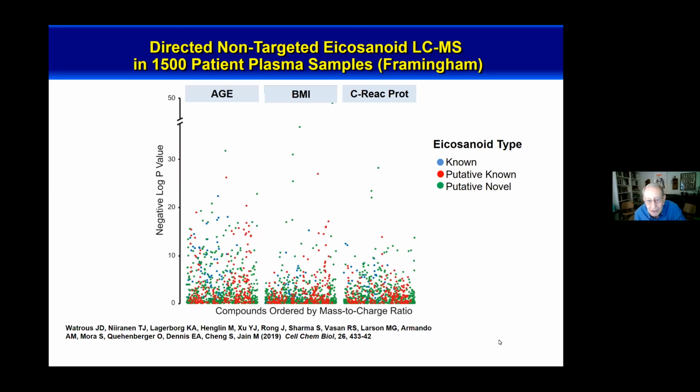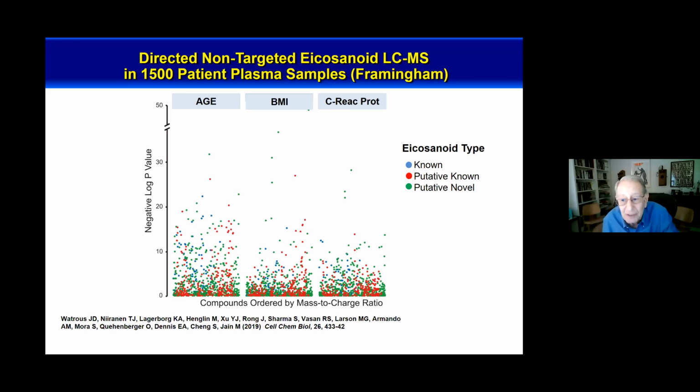So they're sort of identified but not shown to be. And many peaks are novel because they don't fit any of these criteria. So this is a methodology for trying to identify new and novel lipids by a directed, non-targeted approach.